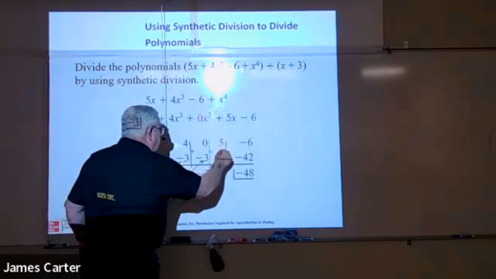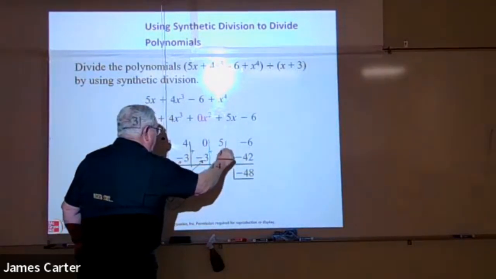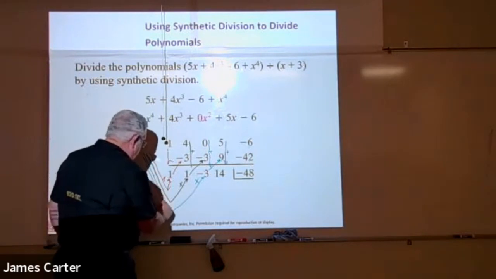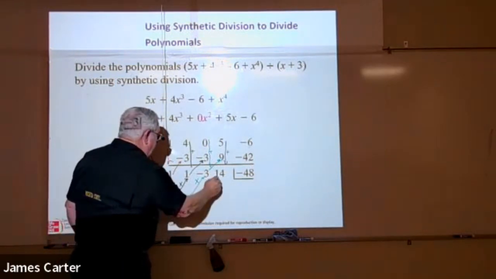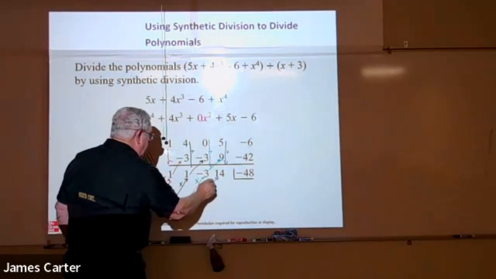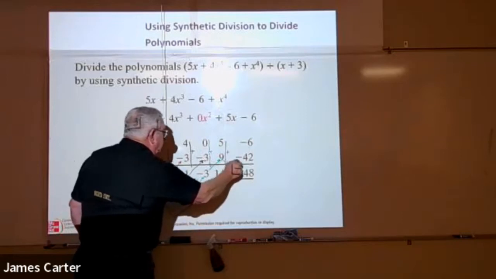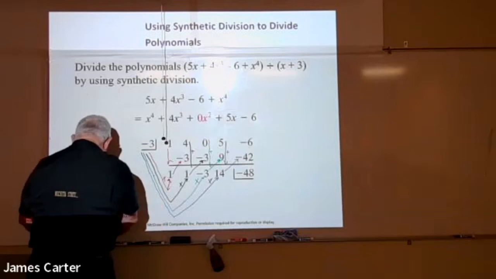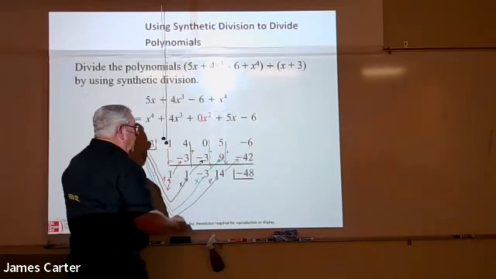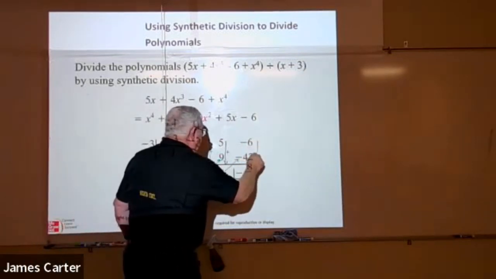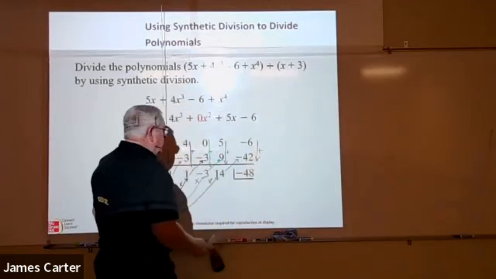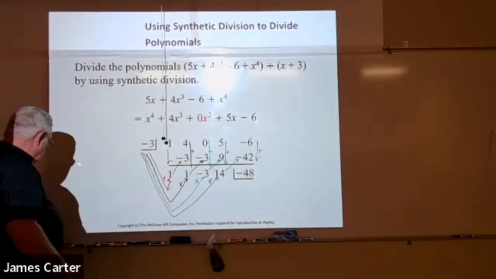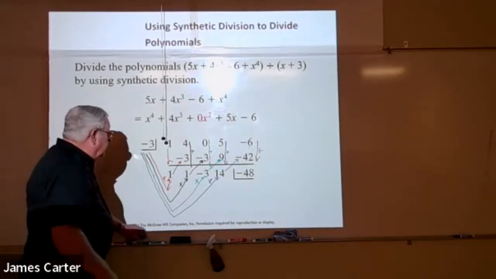I add these down, and then I take this times that, which gives me that thing. And finally, I add these down. Now, that's the process. What about the answer on this thing?